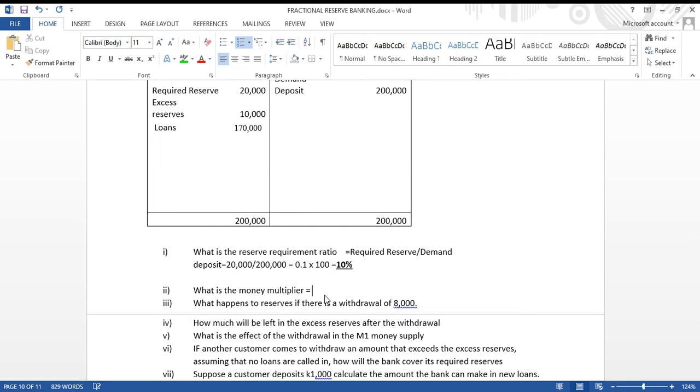Right, the money multiplier is 1 over the required reserve ratio. So that's 1 divided by, this 10% we just put as 0.1 here. So 1 divided by 0.1, you're going to get 10. Are we okay with that? Any questions or queries before we proceed further?